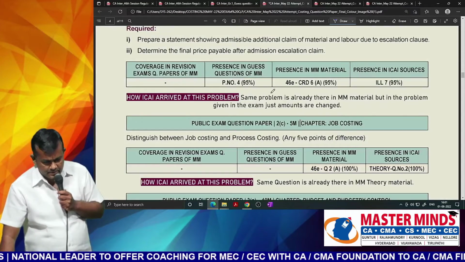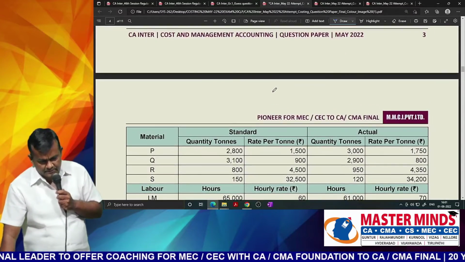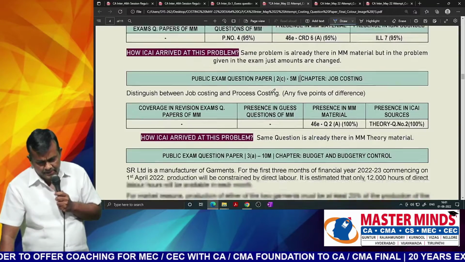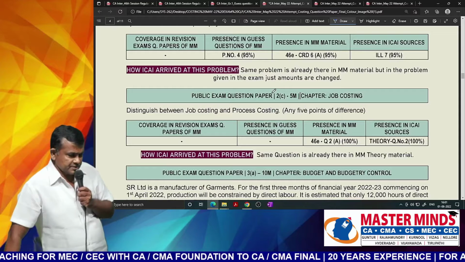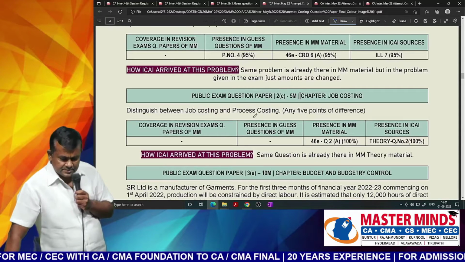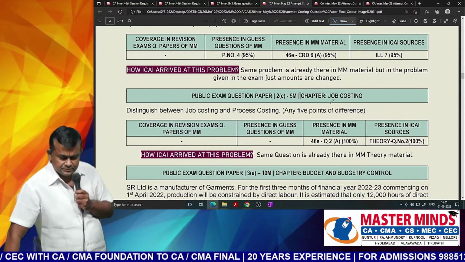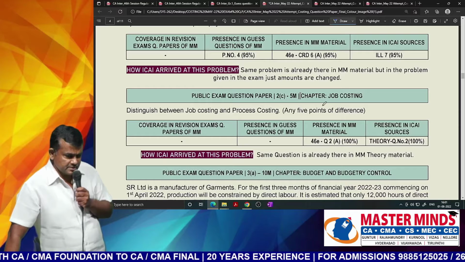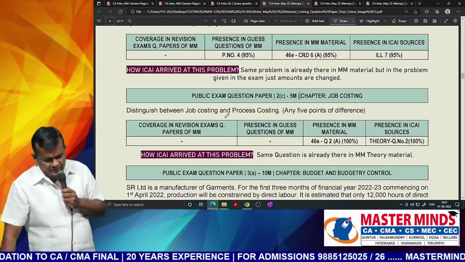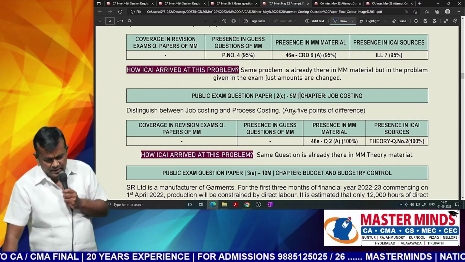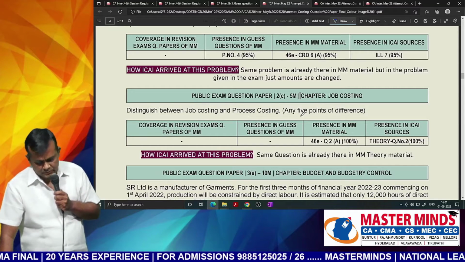Next. So 2A completed, sir. 2B completed, sir. Next, 2C. So 5 marks question. This is a theory question. Job costing. Not yet discussed in the classroom, sir. So distinguish between job costing and process costing. Okay.